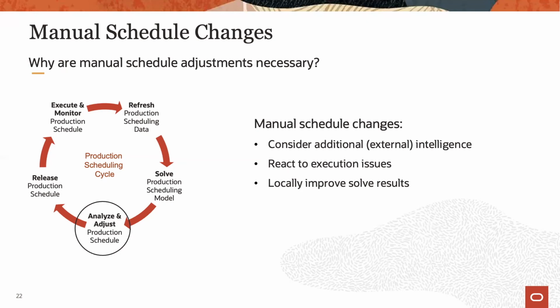First, the scheduler may have additional intelligence not contained in the schedule data. Second, there could be execution issues that require schedule adjustments. And finally, the use of heuristics in the application when calculating the schedule naturally results in schedules that may be improved locally by the user.